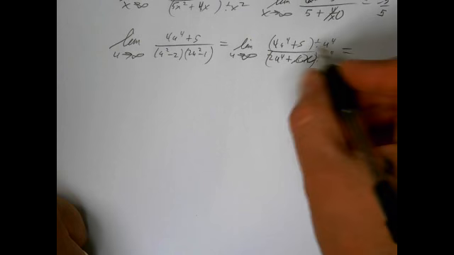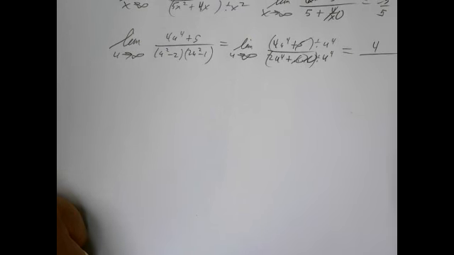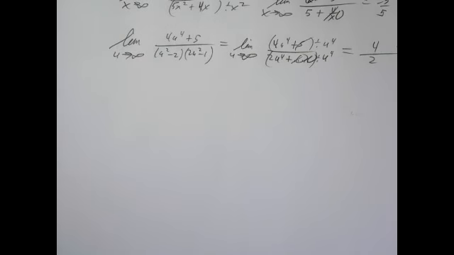So I'm going to get a 4 on top, that term will zero out, and a 2 on the bottom, and 4 over 2 is 2. So it boils down to only the highest powers matter. That is all.